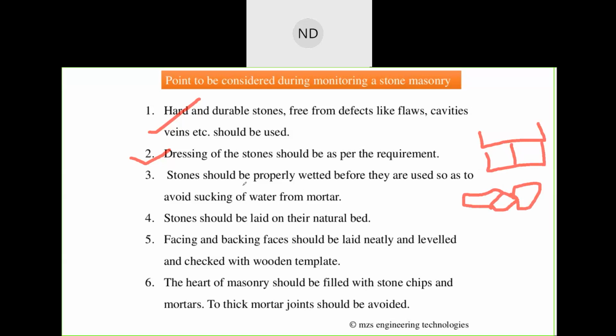Stones should be properly wetted before they are used, so as to avoid sucking of water from the mortar.